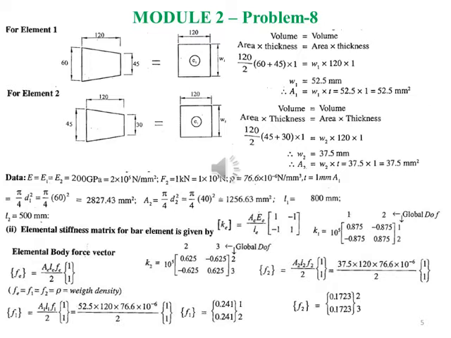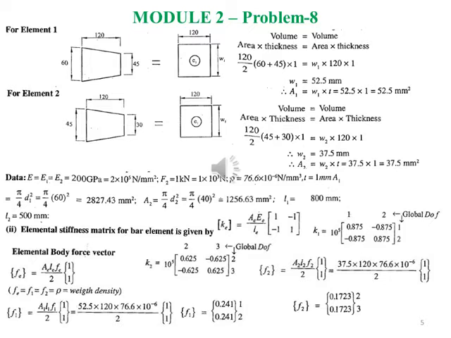So the same concept of similar triangles is used here, and we have tried to calculate the area of element 1 and element 2. Volume should be the same, area into thickness should be the same, hence area is 120 by 2 into 60 plus 45 into 1, which is equal to the area of the first element.